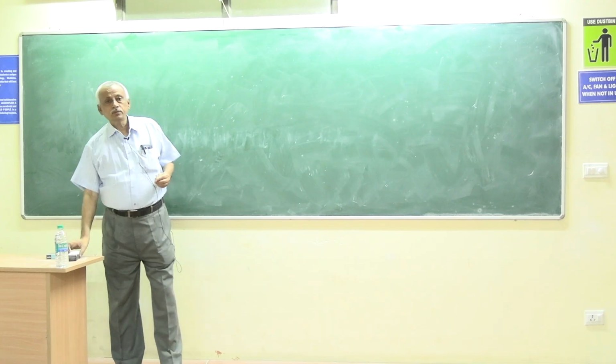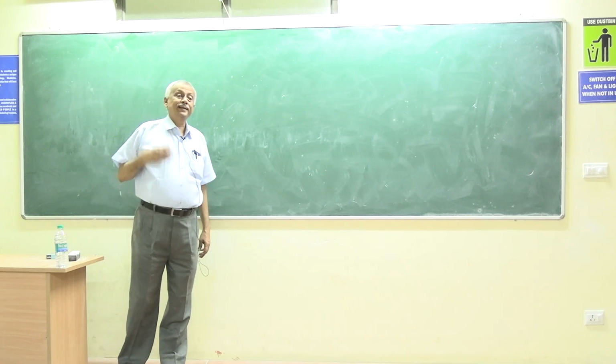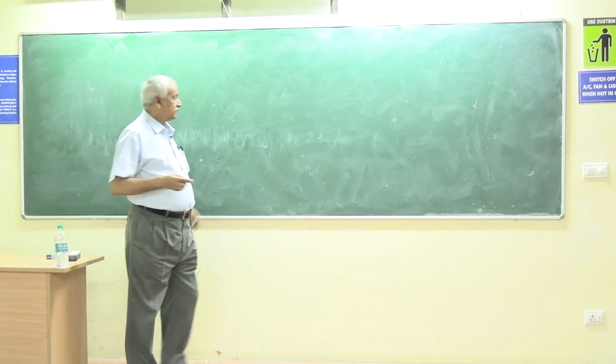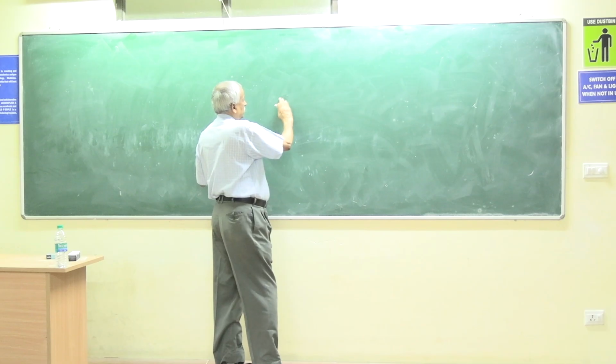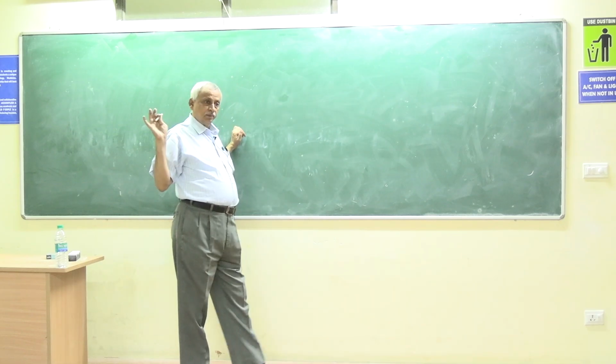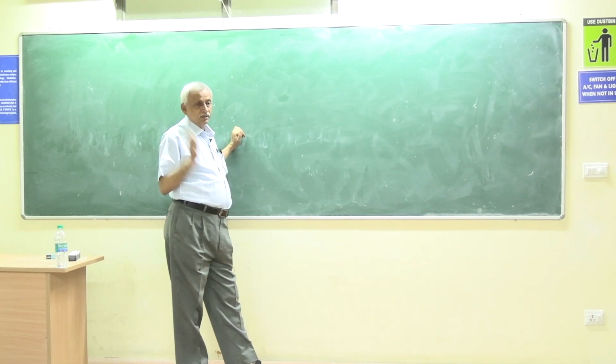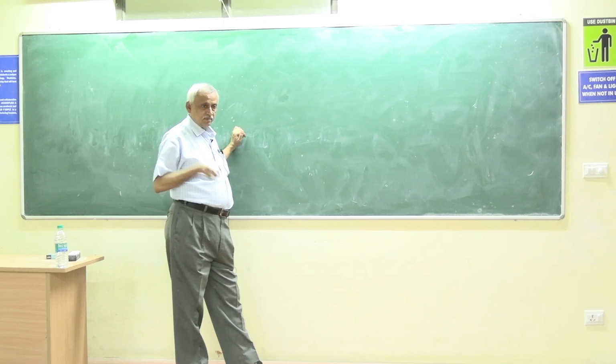Now we will go to the local descriptors. Local descriptors like rho we have already discussed. You have electron density, you have spin density.